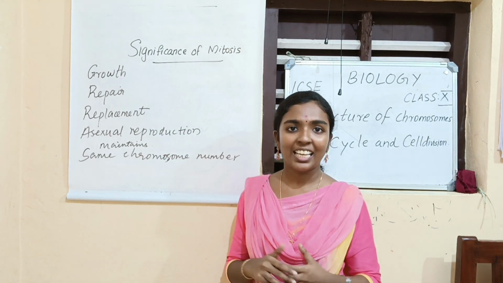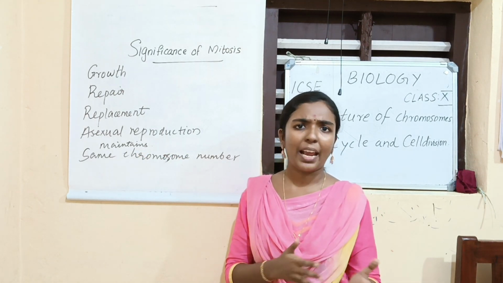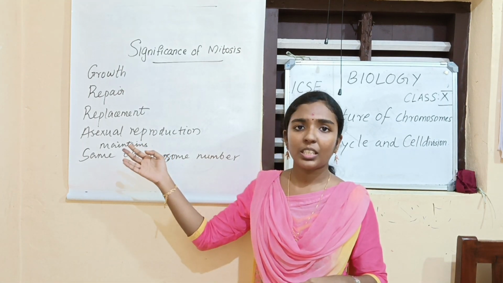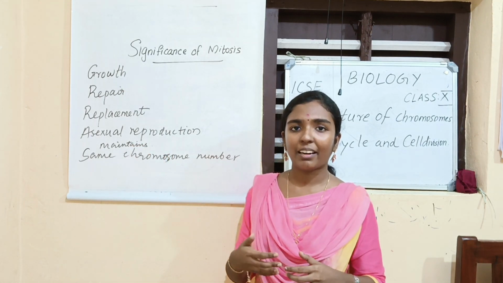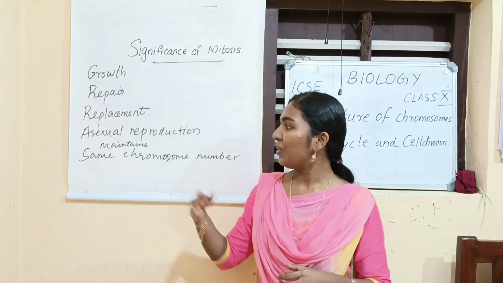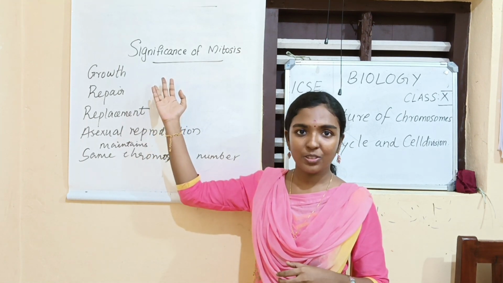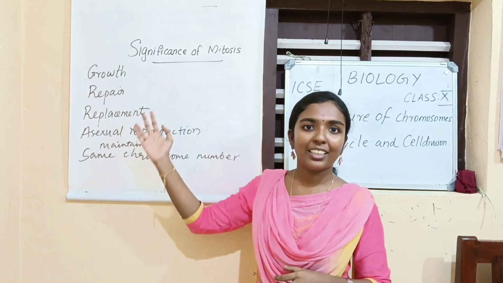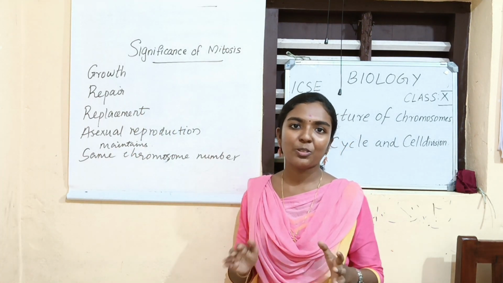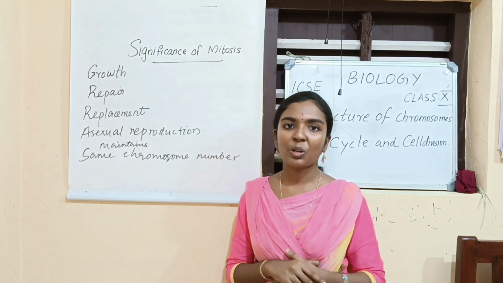Asexual reproduction takes place in single cell organisms such as bacteria, amoeba and yeast cells, and mitosis is the process that helps. A single cell gets divided into two new cells, and it maintains the same chromosome number. The chromosome number does not change.